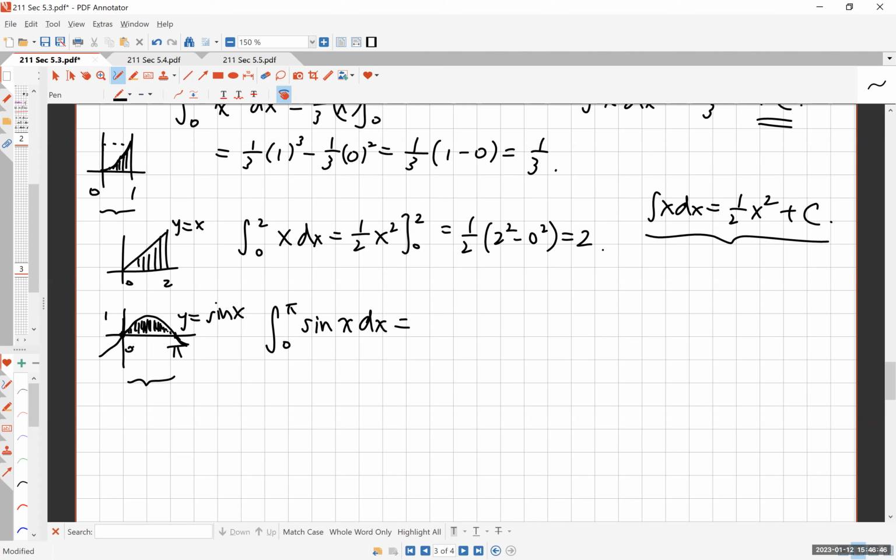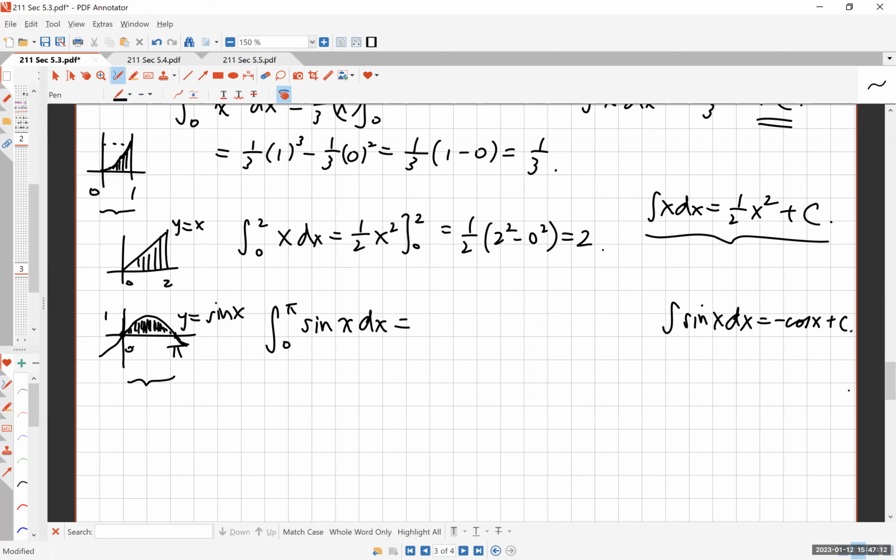Well, we can certainly calculate this. Do you know any function whose derivative is the sine function? You say, oh, that's cosine. Wait a minute, it's not, right? Because cosine of x has the derivative negative sine of x. So if you want the sine of x, you can put a minus here, minus cosine of x, take the derivative, you get negative sine, which is the sine of x, right?